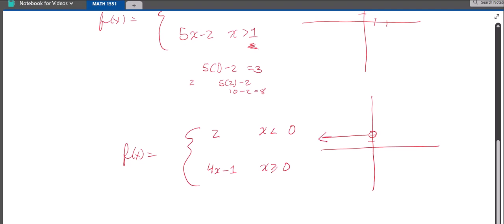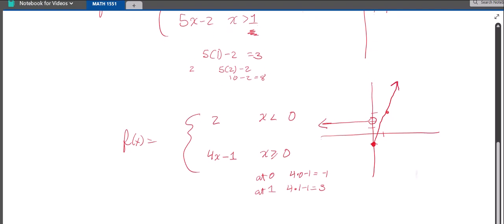And then 4x minus 1 at 0, that would give me 4 times 0 minus 1 is negative 1. It does include the equal sign, so I put a solid dot. I need to put another point in there. I'll use 1. At 1, it's 4 times 1 minus 1, that's 3. Right there. So that would be this one.